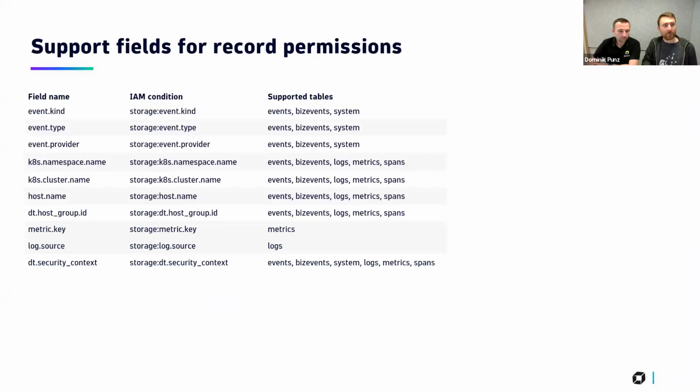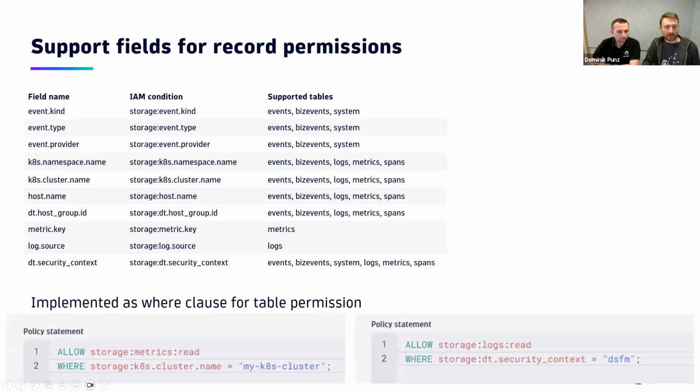Now, record level permissions. The way it works is that we have a list of supported fields, which are very often present on data. Those can be used in the where clause to filter records, basically.